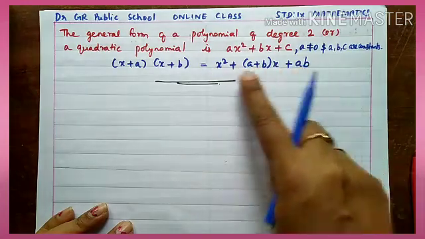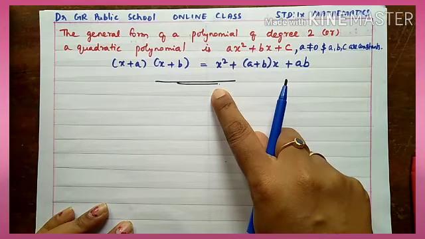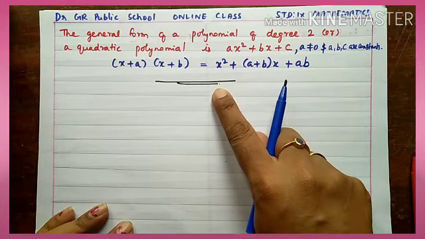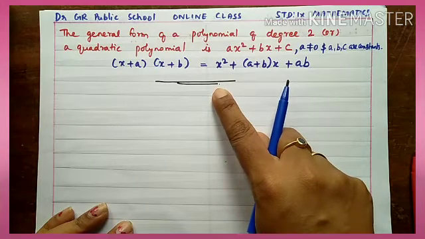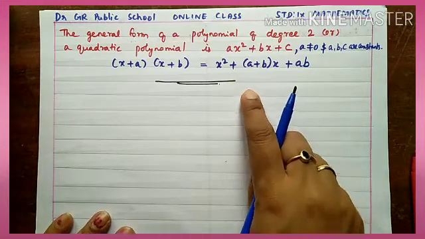Using this we are going to factorize the polynomials, and here we are using a property for factorization that you studied in 8th standard. Do you remember what that is?